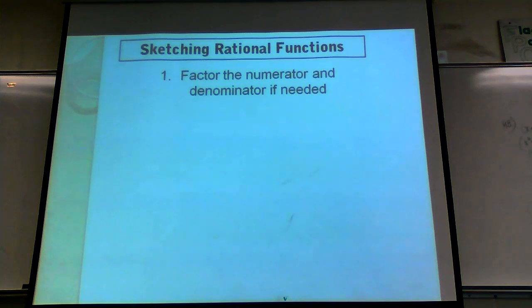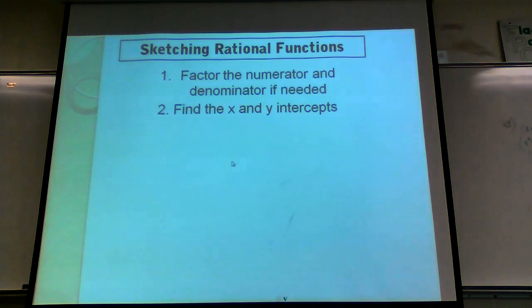The main reason to do the factoring, if you can, is that as soon as you have something in factored form, you can pretty quickly find the zeros for a numerator or a denominator. The main point of factoring, especially the denominator, is so that you can figure out what the zeros are going to be, because those zeros become your vertical asymptotes. So you would factor it out.